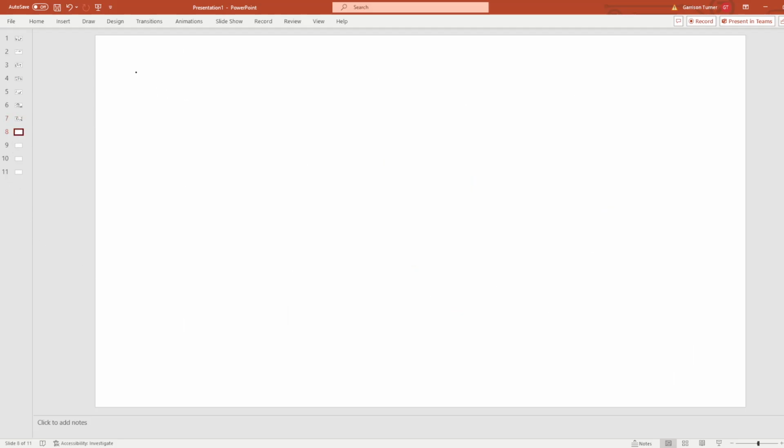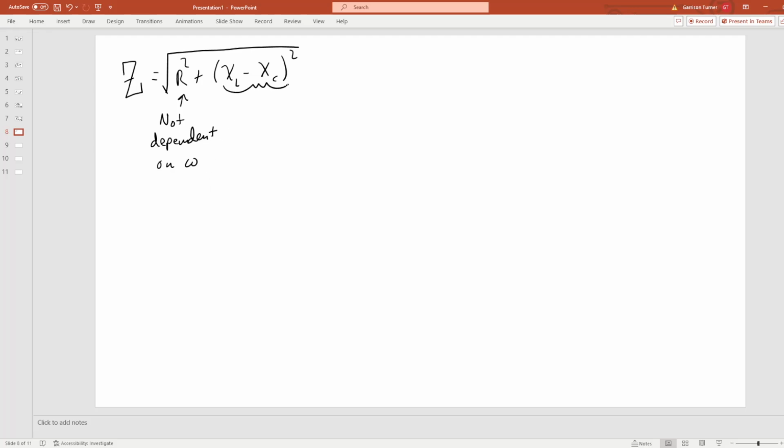But if you look at this denominator, let's look at this in a little bit of detail. This is not dependent on omega, but this is.